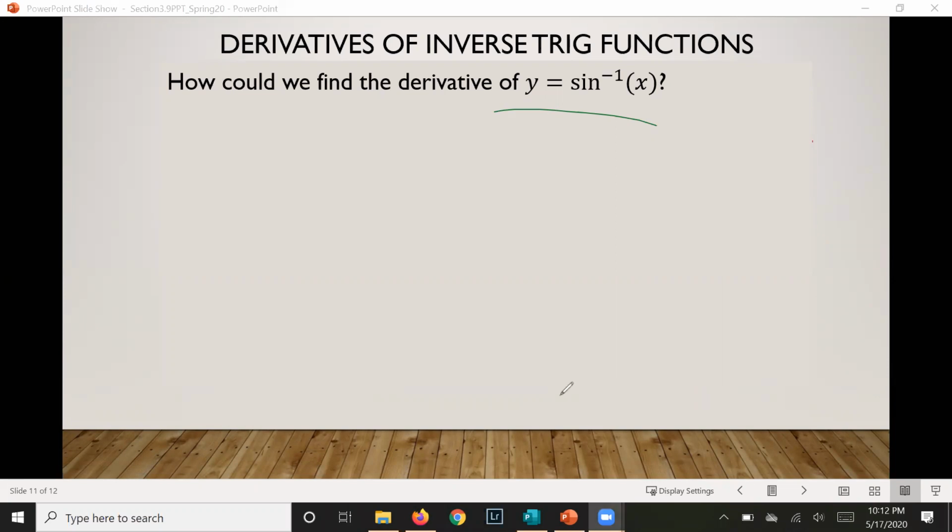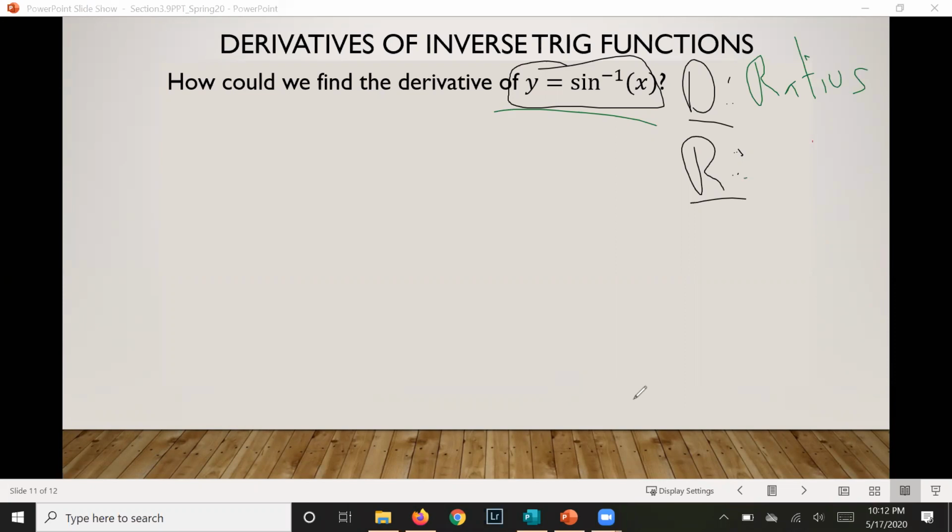Okay, so first of all, we have y equals inverse sine of x. And remember, for those of you who took Math 142 with me, you may remember we talked about this, and for any of you that have taken trig other places, hopefully you've seen this. So remember, the domains of the inverse trig functions are ratios, and the range, the things that they output, are angles, or angle measures, right?